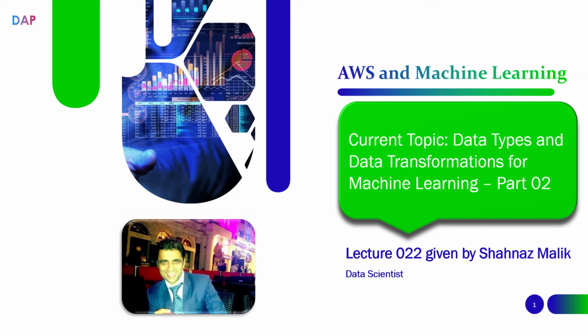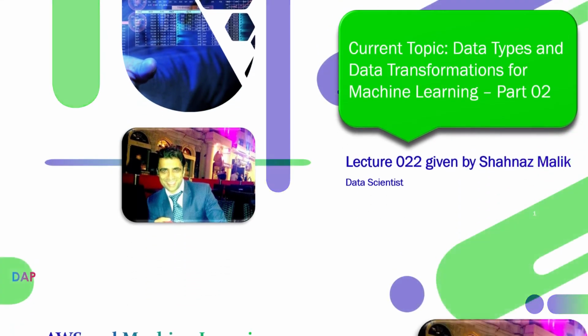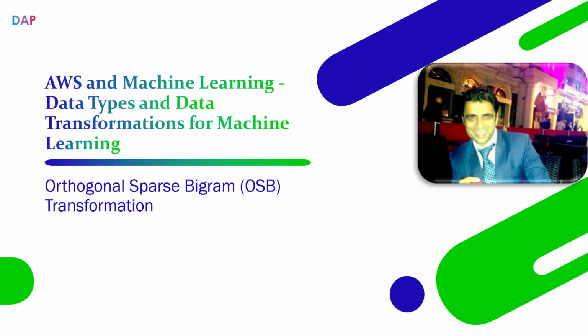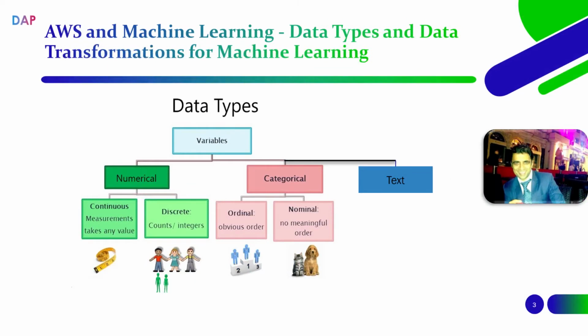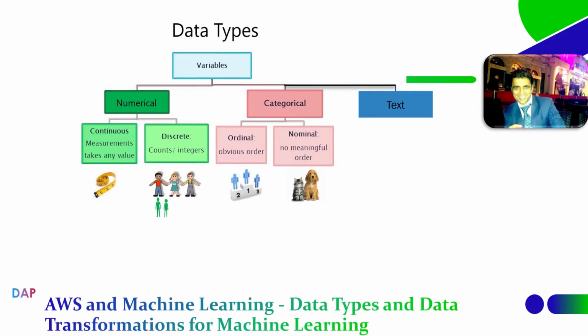Let's move on and see what we have been doing until now. So now we are going to learn about orthogonal sparse bigram transformation, and just to give a quick recap, we are talking about data types and data transformations, and in the last lecture we reached the text variables.